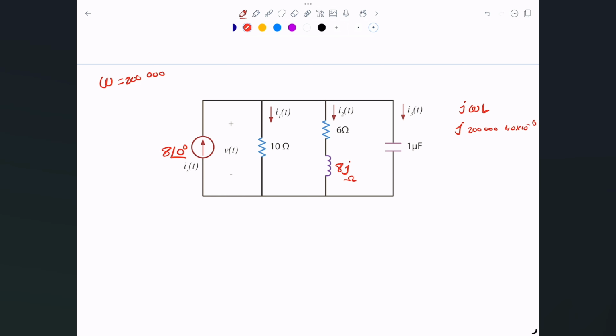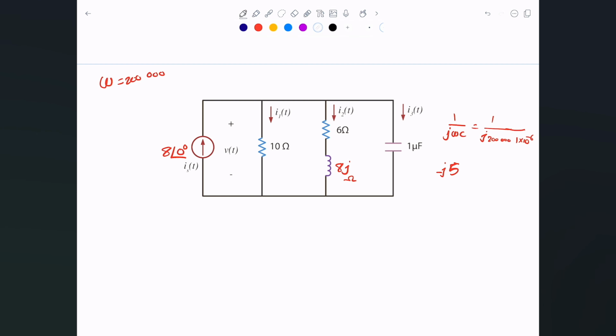What about the capacitor? For the capacitor, here's what we have. It's 1 divided by j omega C, which is 1 divided by j times 200,000 times C, and the C is 1 times 10 to the negative 6. So the answer is 1 divided by j of 5. Actually, it is not. It's simply 5 times 1 divided by j, or 5 divided by j, or negative 5j.